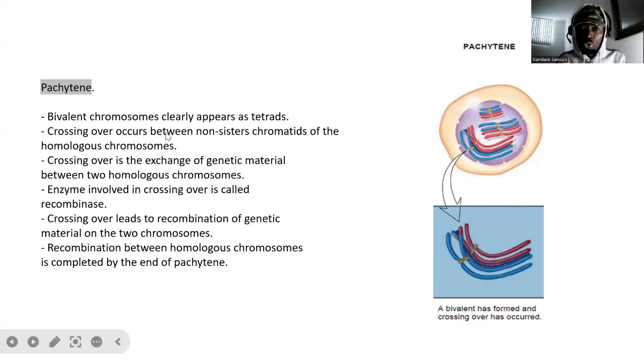Now, crossing over occurs between non-sister chromatids. What do you mean by non-sister chromatids? That is chromatids from two different chromosomes. Sister chromatids are the chromatids on the same chromosome, but non-sister chromatids are from two different chromosomes.